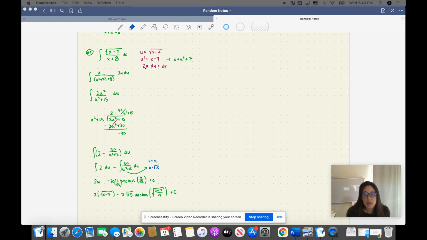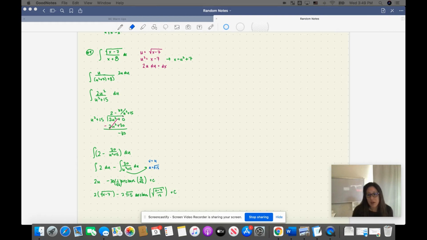So I did 2u du, since it's implicit differentiation, is equal to dx, and plug it in for dx. So 2u times du, then multiply u and 2u to give me 2u squared over u squared plus 15. And now this is starting to look a little better, believe it or not.